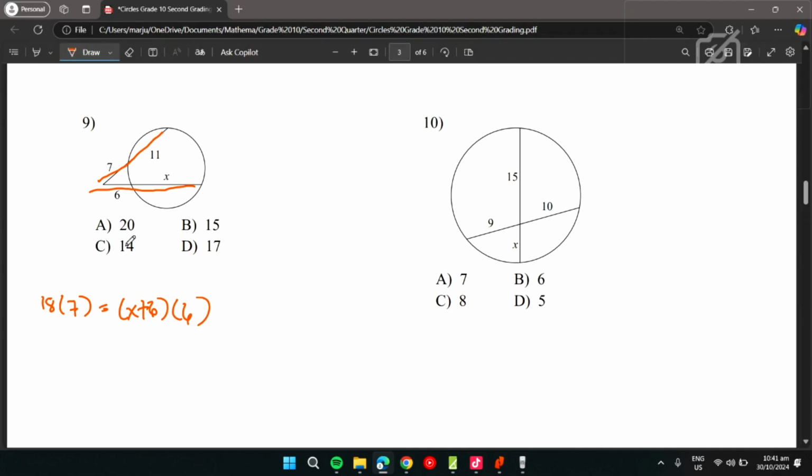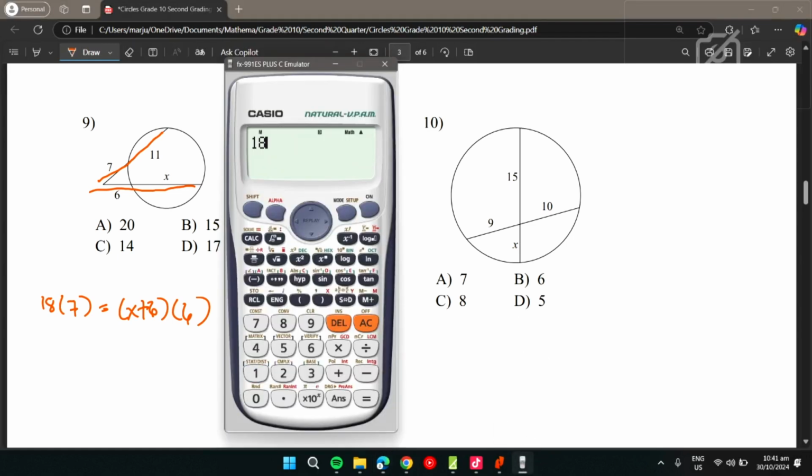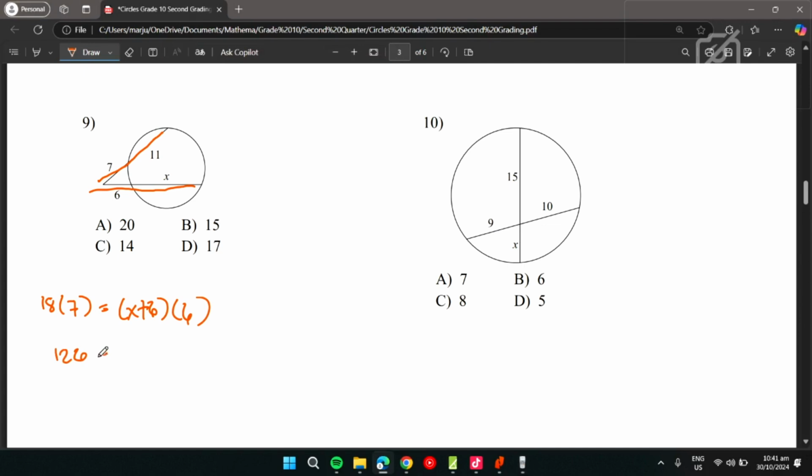So, 18 times 7, that is 70, 56, 100, 26. Tama ba ako? 18 times 7. Yeah, 126. And then we have 6x plus 36. And then we subtract both sides by 36.